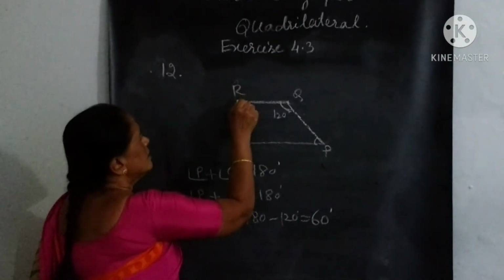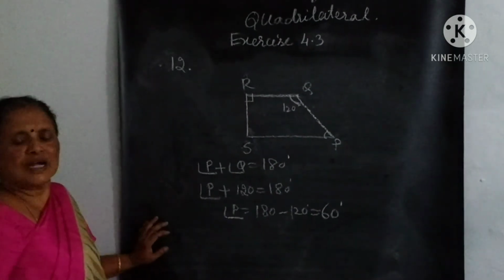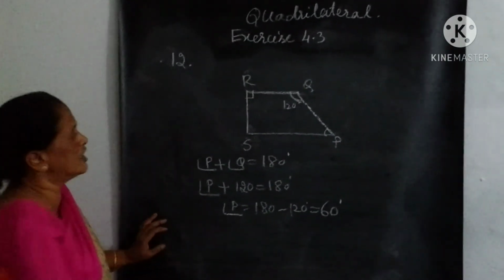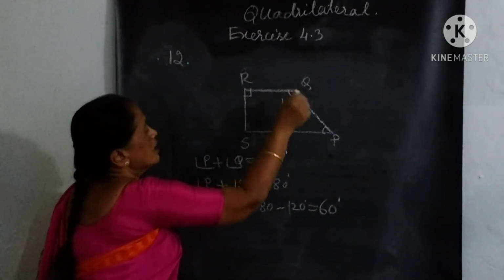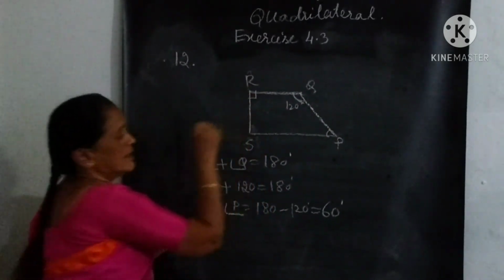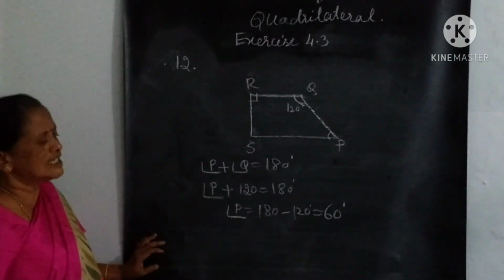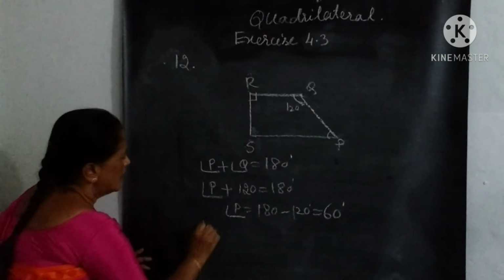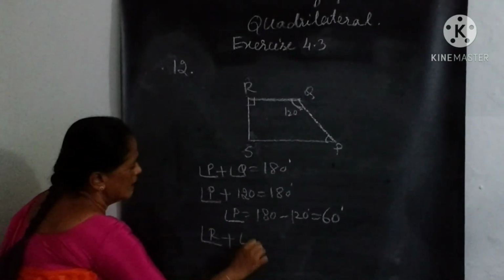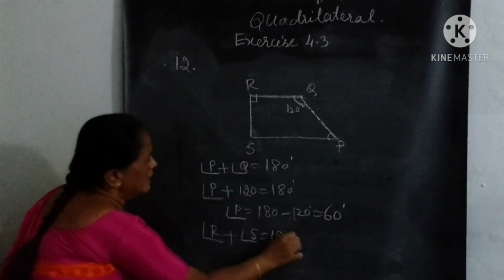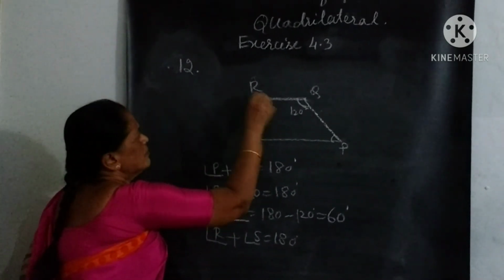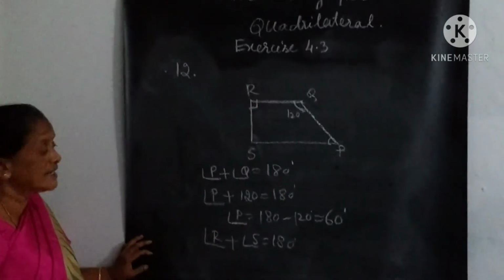Next, angle R and S are the adjacent angles on the non-parallel sides PQ and RS. What is the sum of these two angles? That is also 180 degrees. Angle R plus angle S is equal to 180 degrees. What is the symbol of this? What is the measure of this angle? 90 degrees.